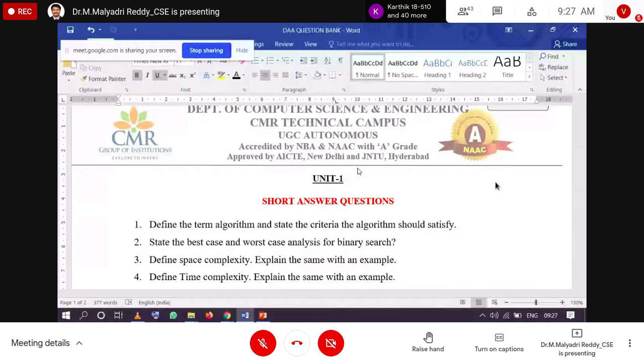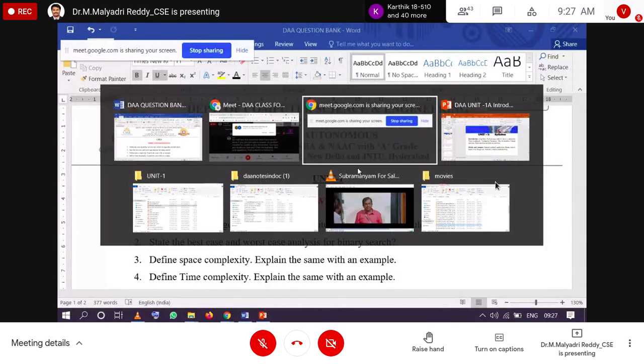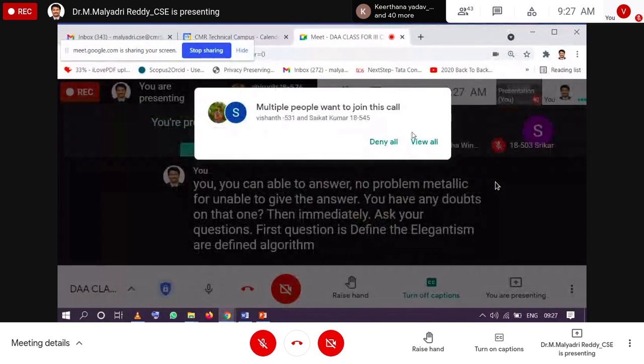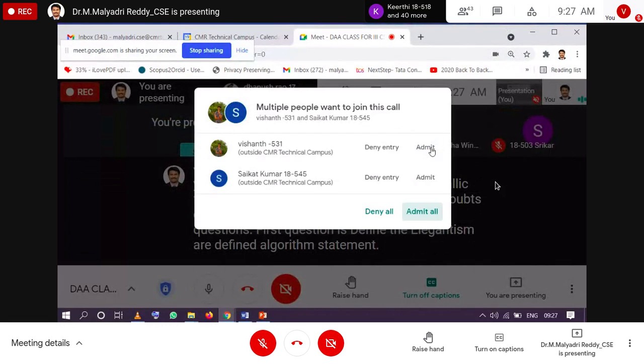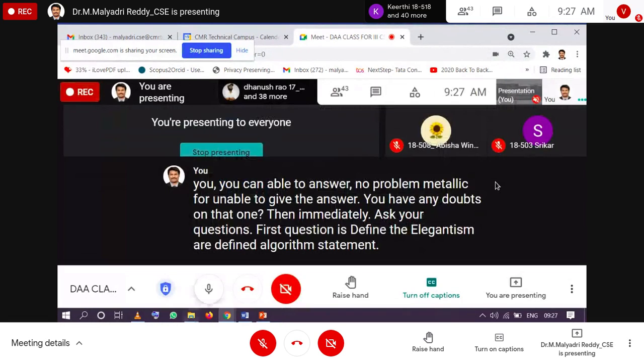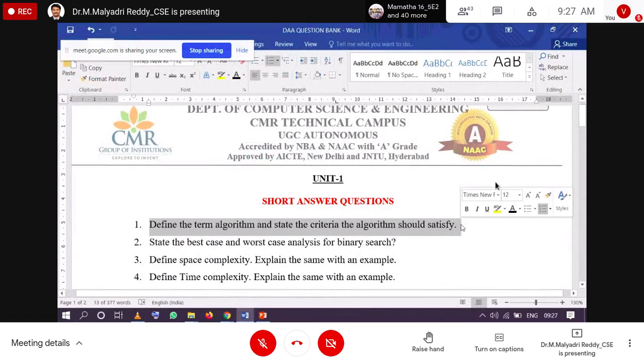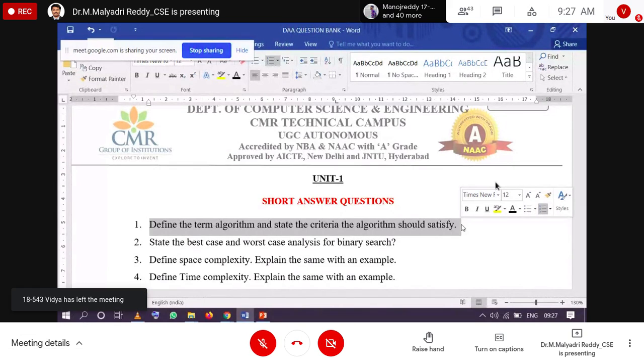First question is define the term algorithm. You know the algorithm is nothing but a step-by-step process. An algorithm is a set of instructions to accomplish a task that must be present in a sequential manner.